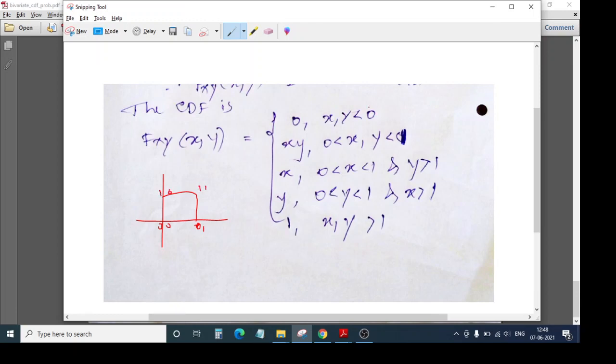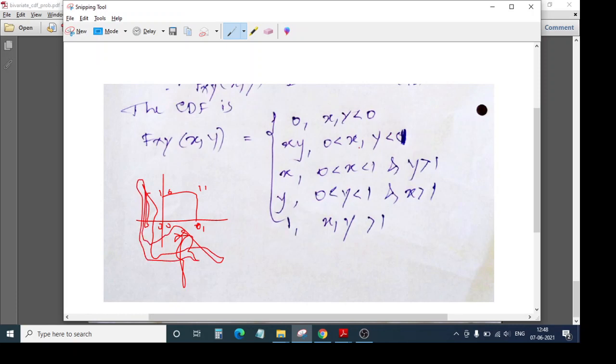So when y is less than 0, all this area is covered. Next, when x is less than 0, this area is covered. Fine.